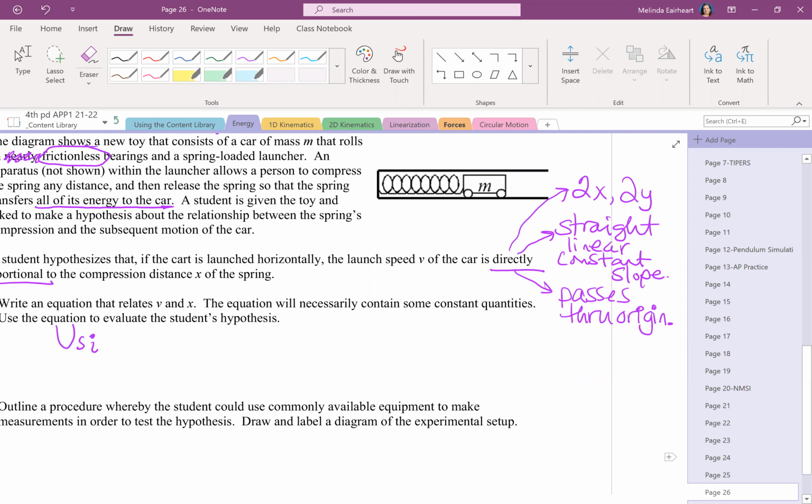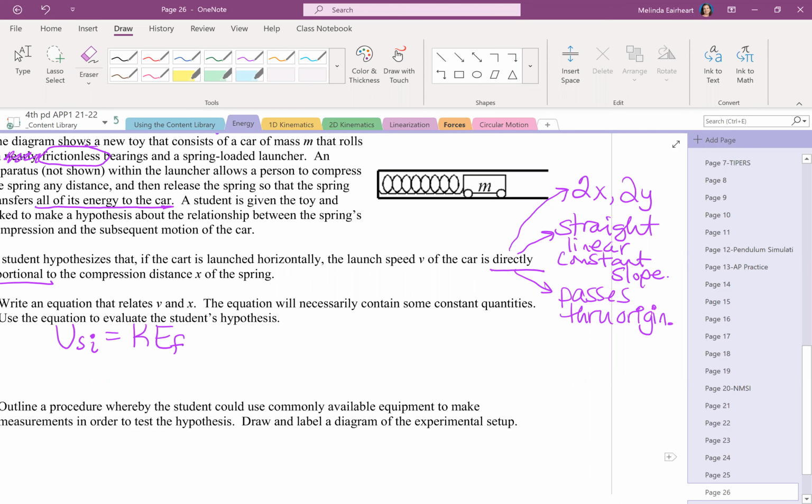Now let the spring stretch out. Says all this energy is going to transfer to the car. It's all going to get converted to what kind of energy? Say it louder. Kinetic. And that is our conservation statement. No frictional losses, no height change, so there's no gravitation.